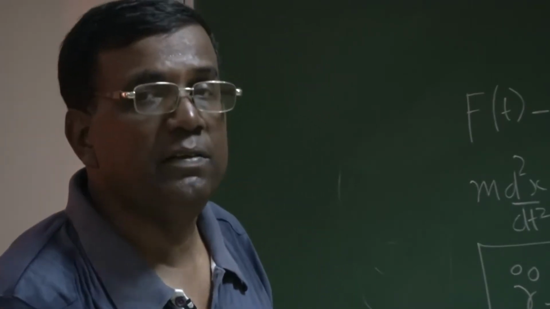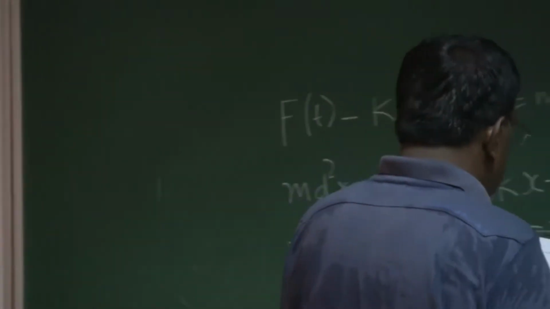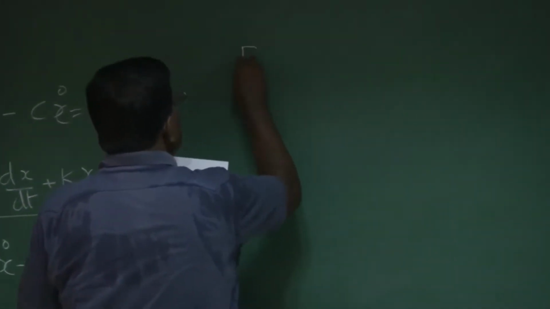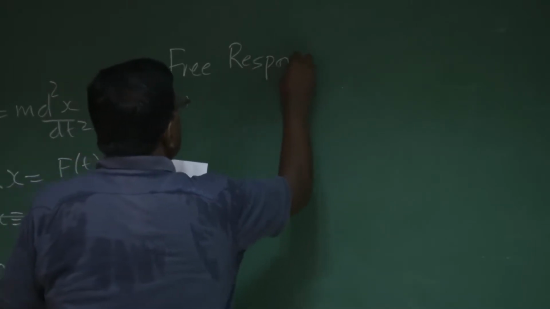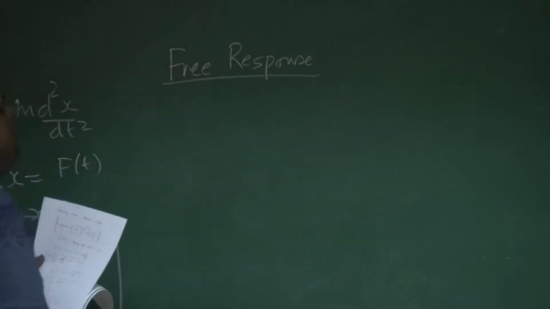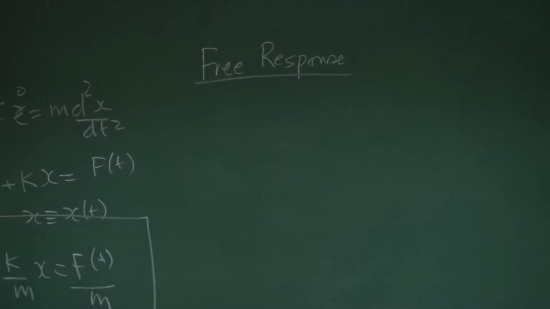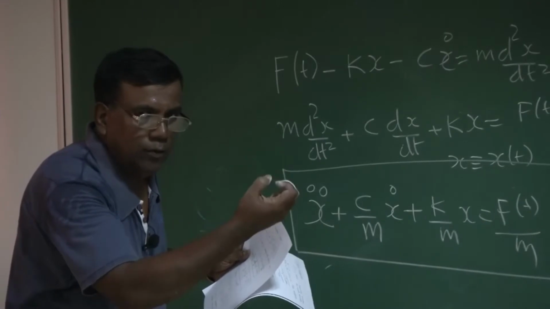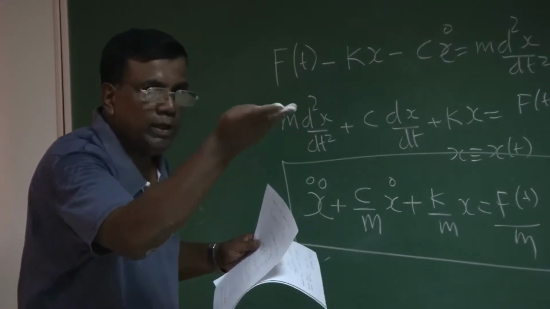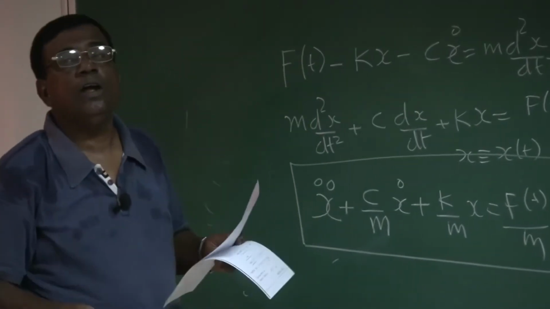That is, f of t is 0. So for free response, if you want to really understand it, it's like a spring. You stretch it and leave it. Now there is no force. Leave it and see how it is moving. So this motion we are talking about is free response.